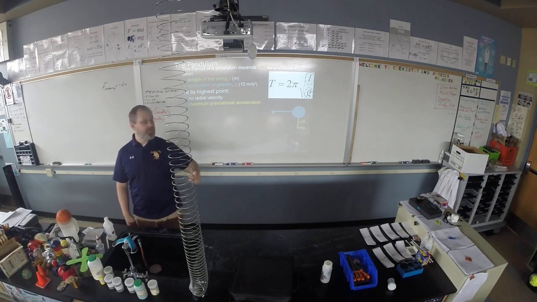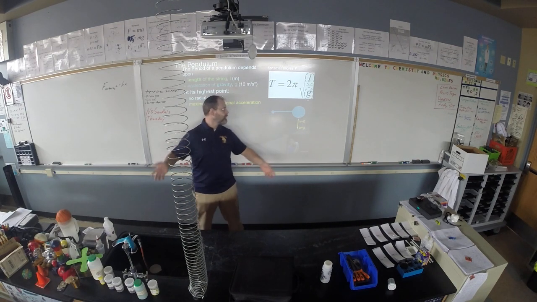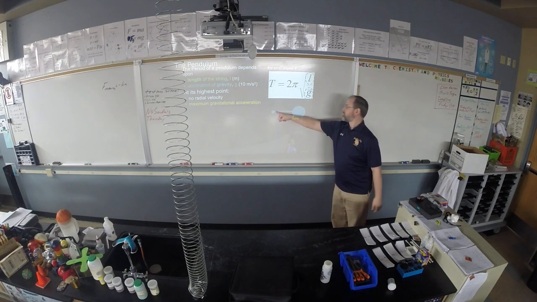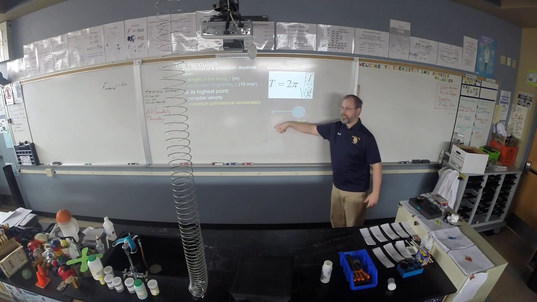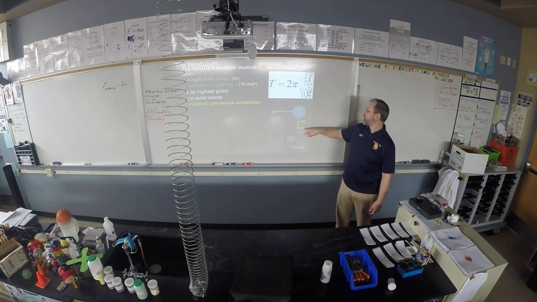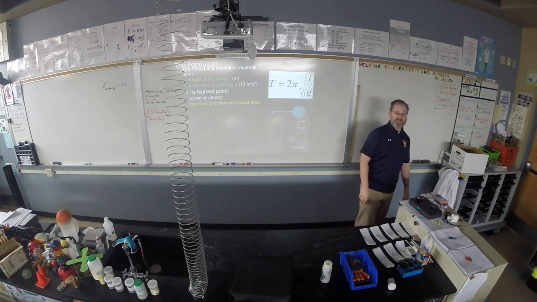Sine times g. At 90 degrees, sine is 1. So a is sine times g, so at 90 degrees, a is just g.